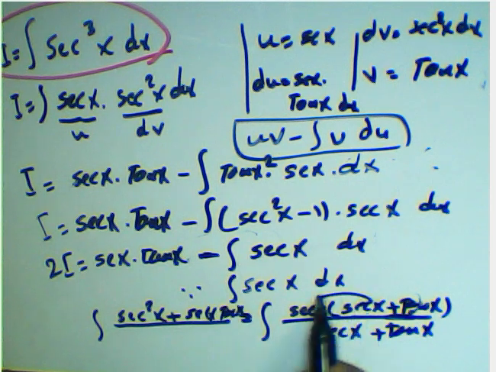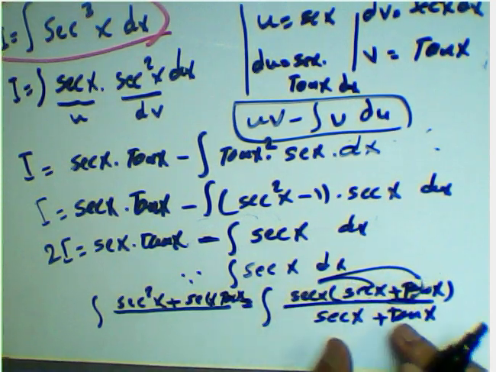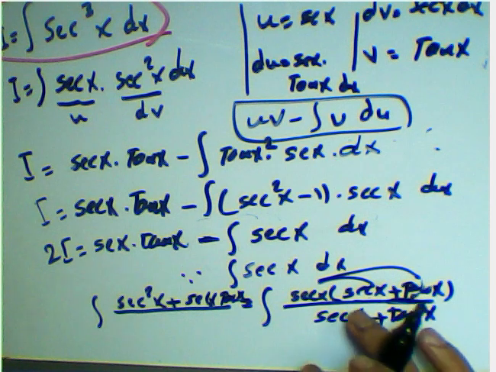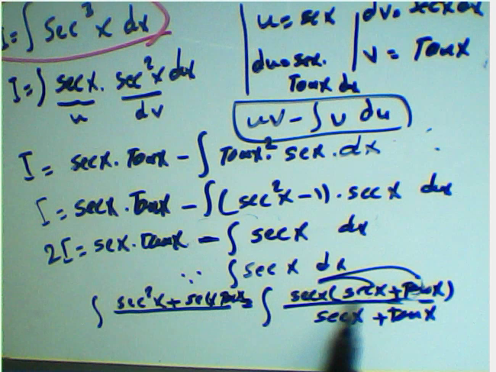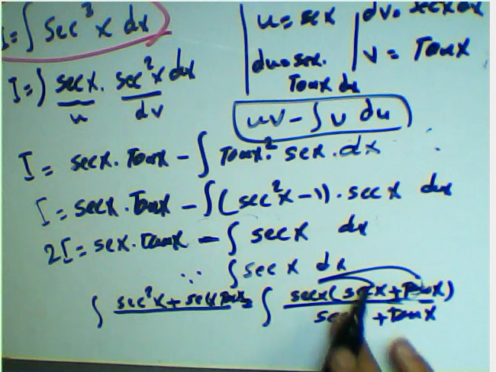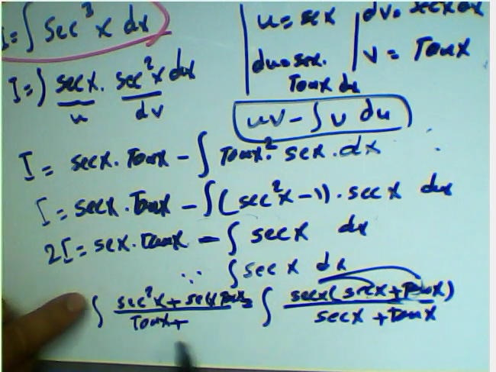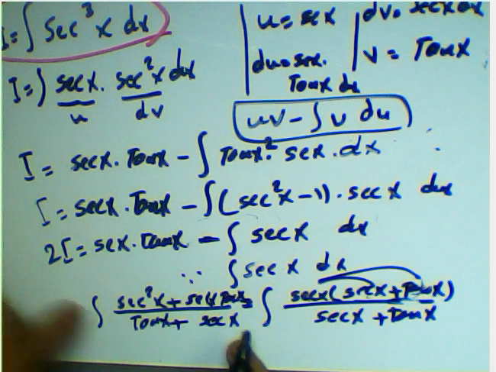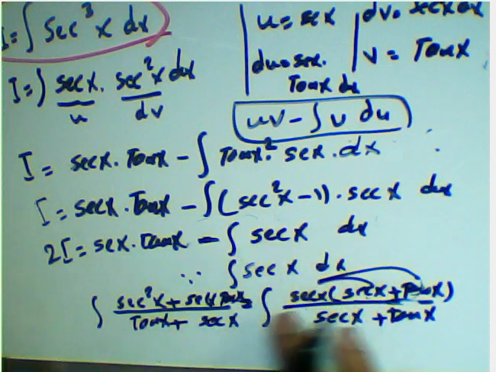We're using distribution here. To find the integration of sec x dx, we must multiply numerator and denominator by sec x plus tan x. Okay? Then sec times sec equals sec^2. The derivative of tan equals sec^2, and the derivative of sec will be sec tan. Then we can cancel this integration and write ln.